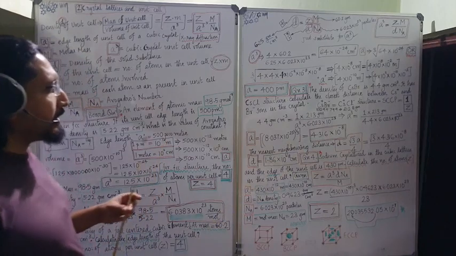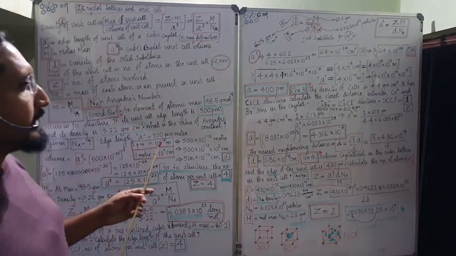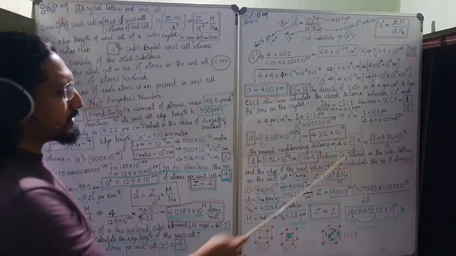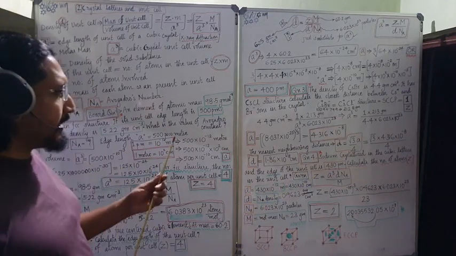Then the nearest neighboring distance is asked. Now, this is a quantity which we want to find out.